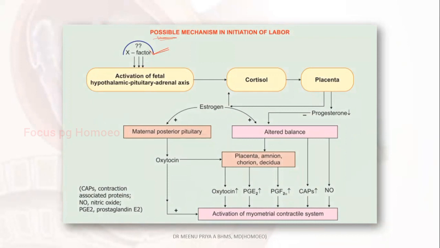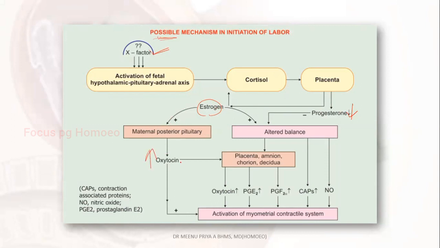It is not sure. This is the factor that starts the activation of the fetal hypothalamus-pituitary-adrenal axis, which secretes cortisol, and cortisol stimulates the placenta, which increases estrogen and reduces progesterone. This estrogen then stimulates the maternal posterior pituitary, and this secretes oxytocin.